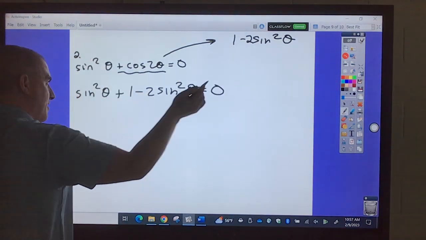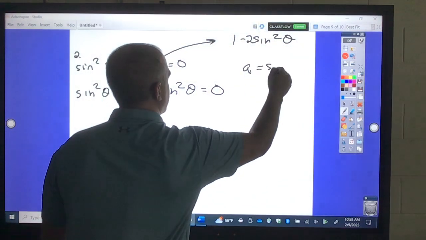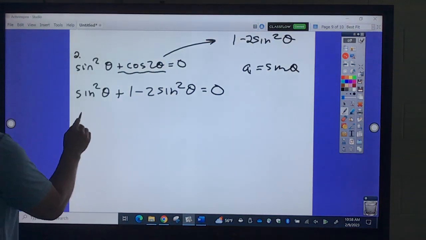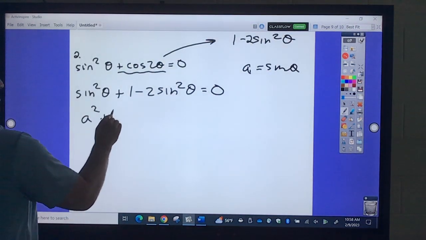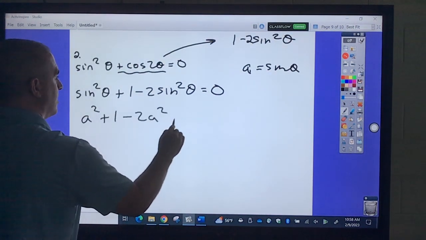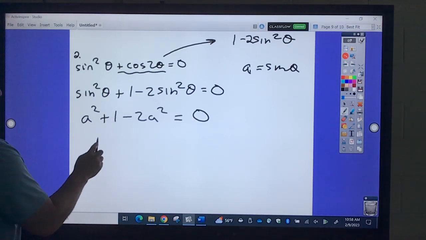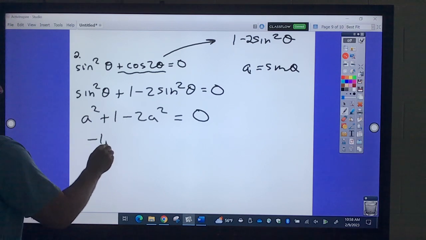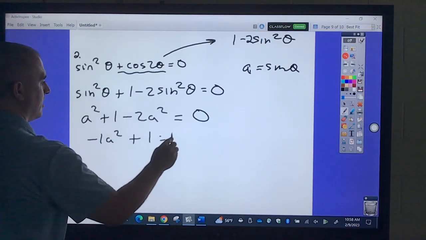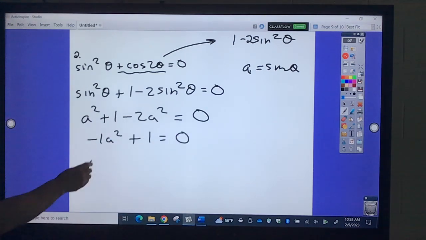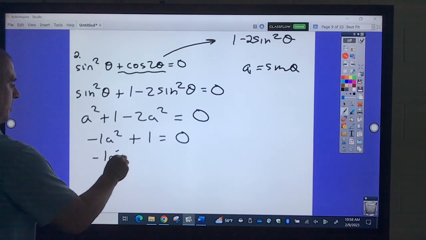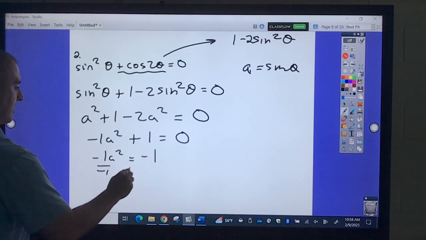If you want to take out that, you can do a equals sine theta. So what that would be is a squared plus 1 minus 2a squared equals 0. If I combine those, that's negative 1a squared plus 1 equals 0. Move that 1, divide by negative 1.